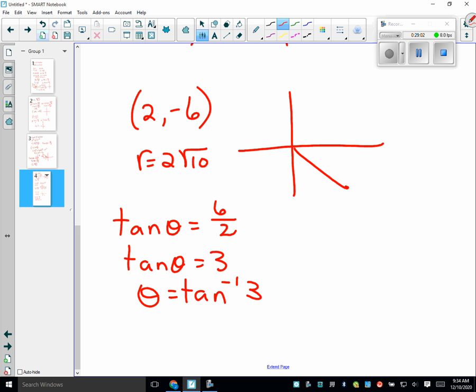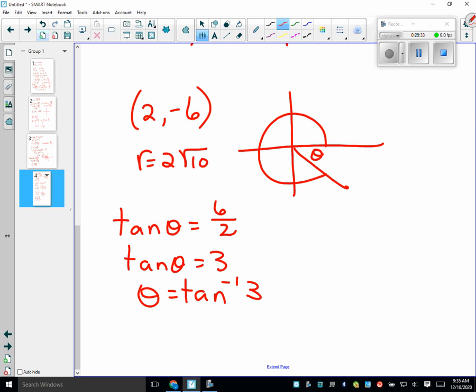How am I going to put that in quadrant 4? Is it 2 pi minus that? This is my theta, right? How would I find this? 2 pi minus theta? Would I?